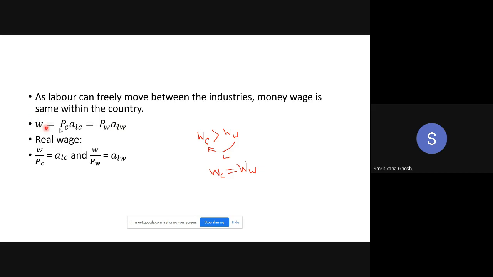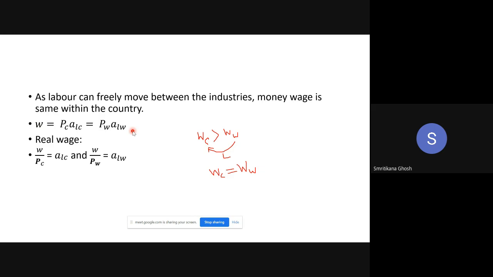This bullet is okay or not? Ma'am, is it PC by ALC or PC into ALC? No, PC into ALC, because the equilibrium condition is VMPL is equal to W. Okay, ma'am. Or actually, now think in this way, that the average cost should be equal to the price, right?